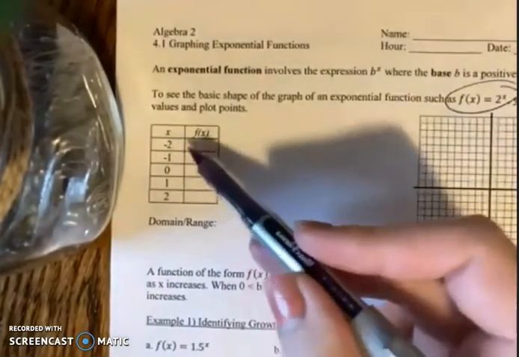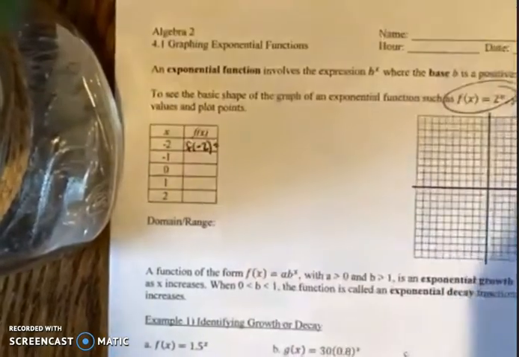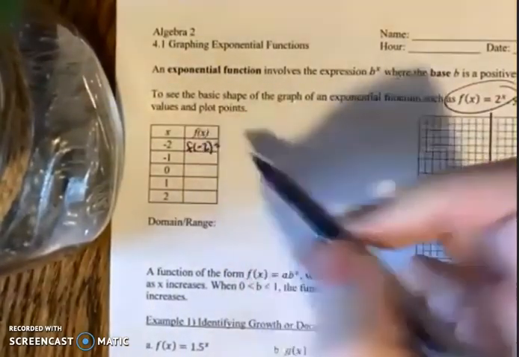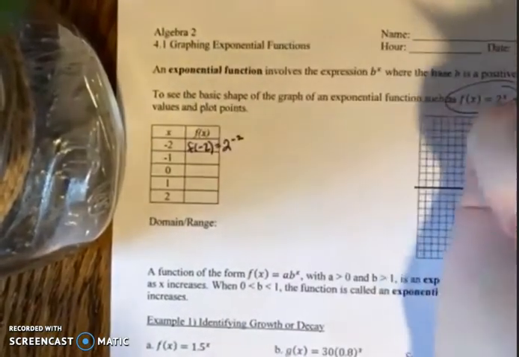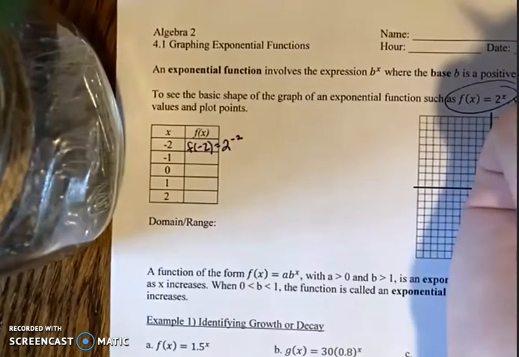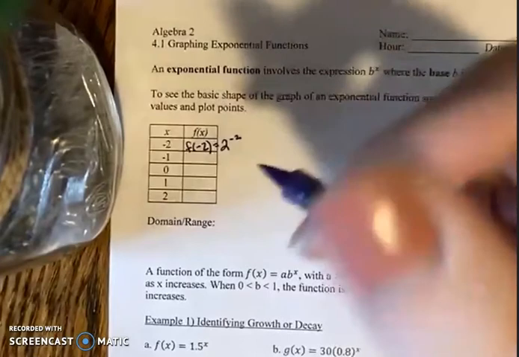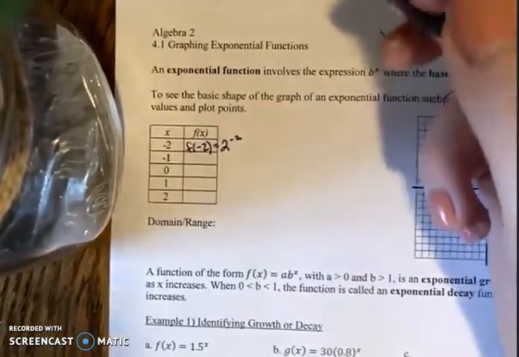So f(-2) would be where I plug in a -2 wherever I see an x. So 2 to the power of -2. If something is raised to a negative exponent, we would move it from the numerator to the denominator, or the denominator to the numerator. So right now, 2 is technically in the numerator because I can write it as 2 over 1.